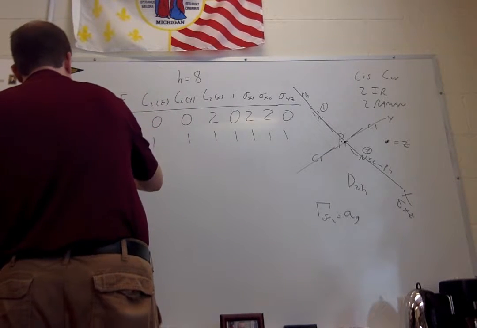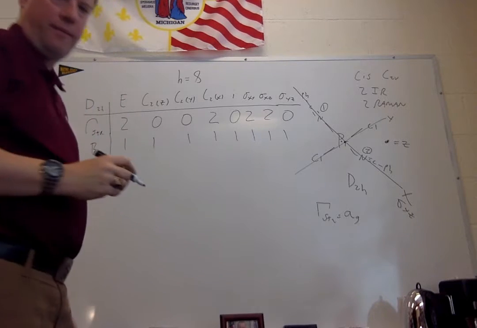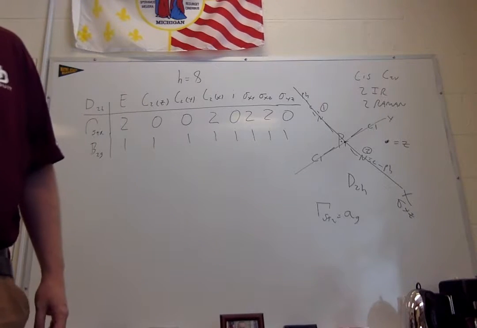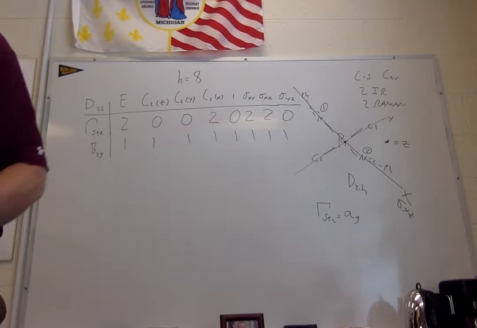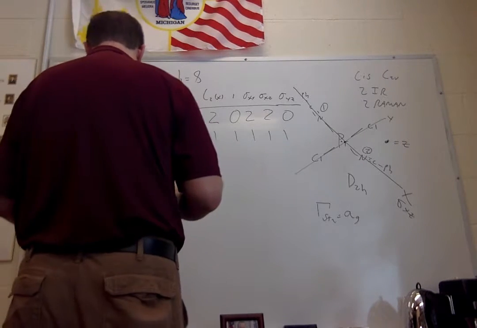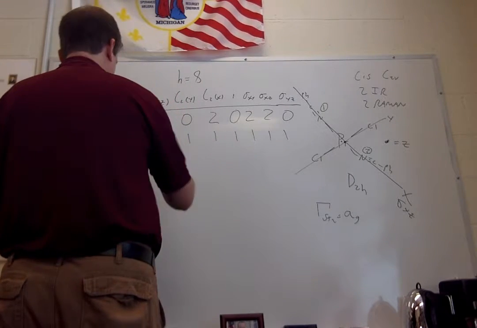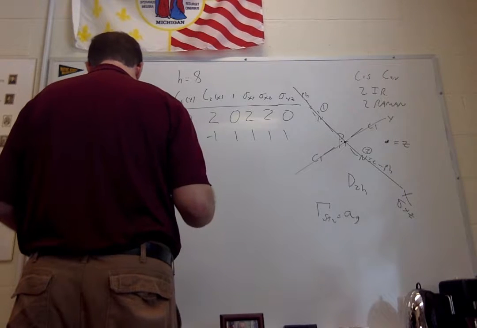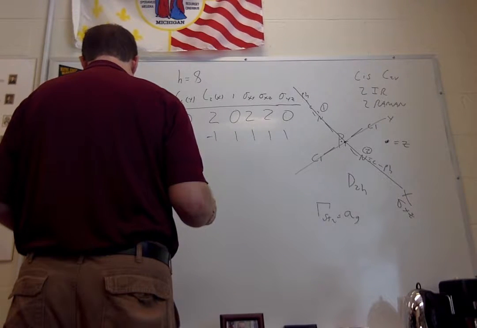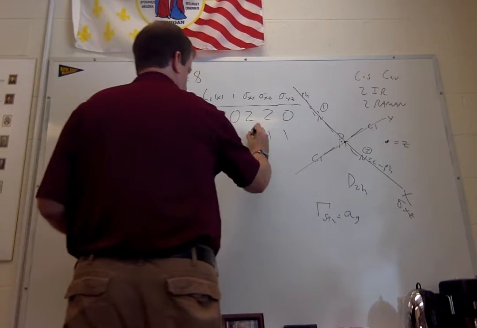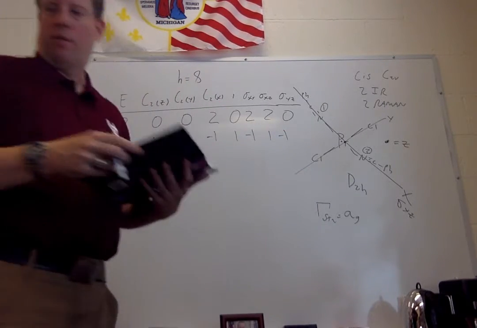Next irreducible down is B2g. And here, we have 1, minus 1, 1, minus 1, 1, minus 1, 1, minus 1, like so.